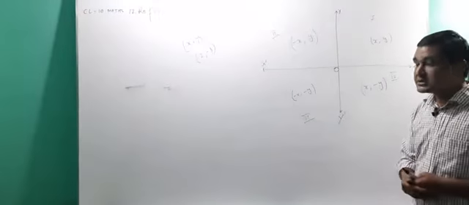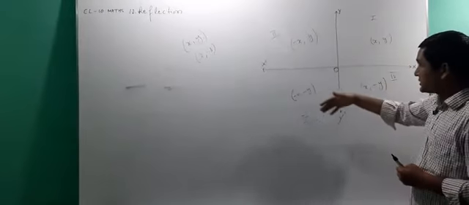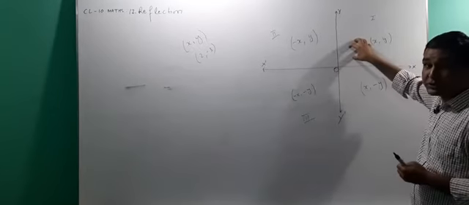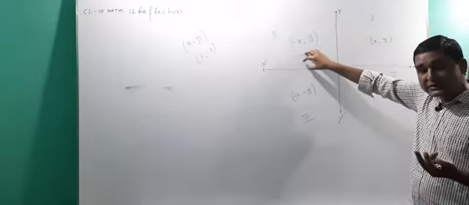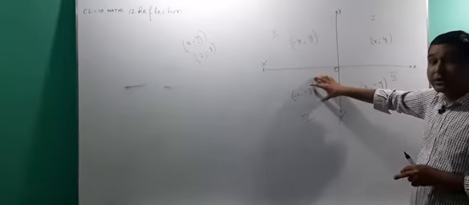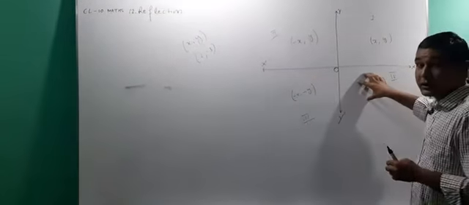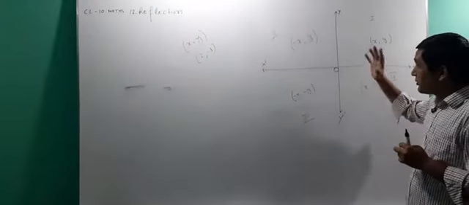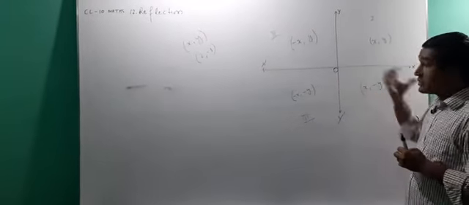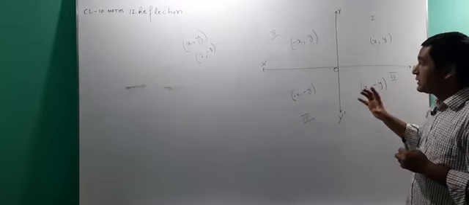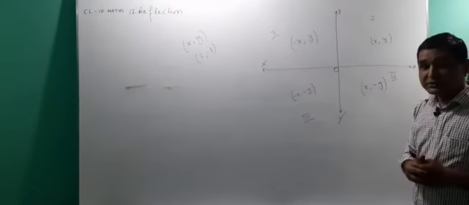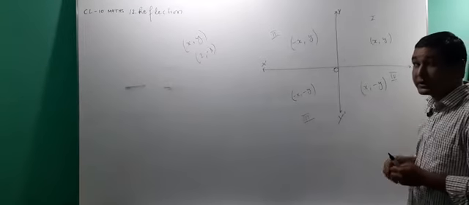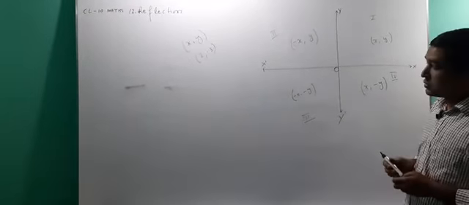To save your time, please remember the sign of coordinates in each quadrant. First quadrant both positive, second quadrant x negative y positive, third quadrant both negative, fourth quadrant x positive y negative. Keep this in your mind, and it helps you write the answers shortly. Otherwise it takes a long time to draw the graph again for each question to get the coordinate.